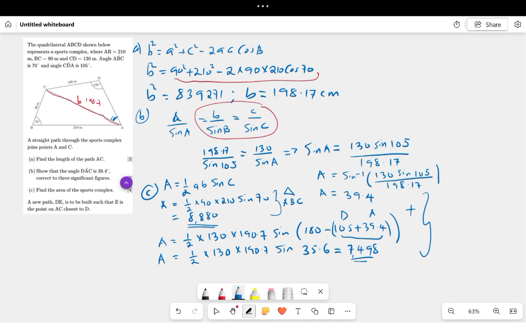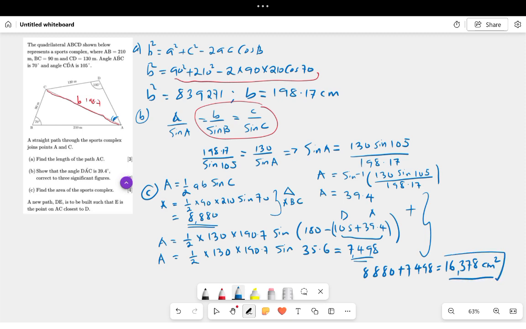Let me just write it here: 8,880 plus 7,498. Our solution is going to be 16,378 meters squared.